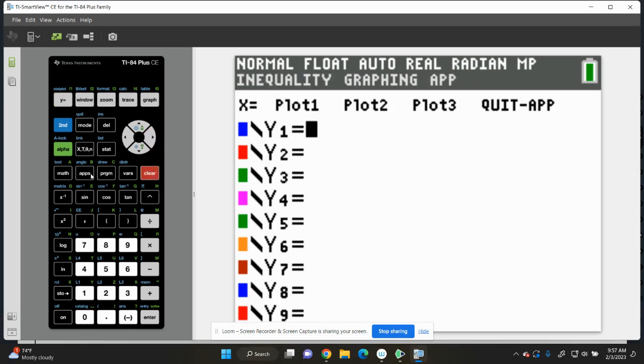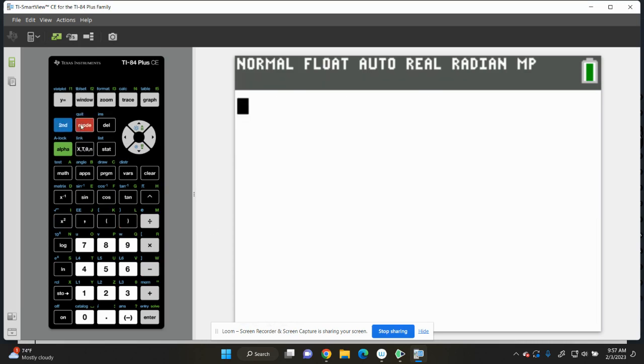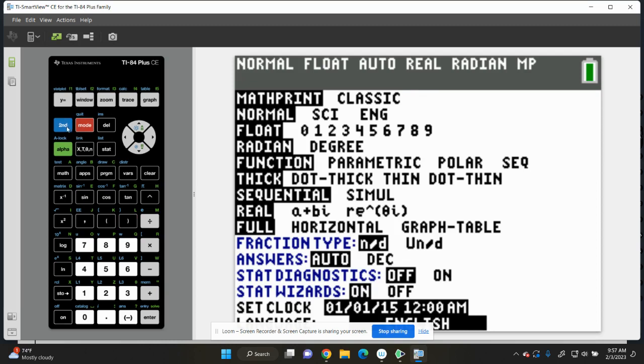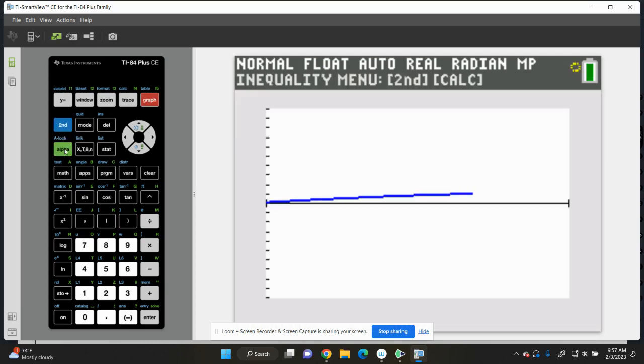Okay, let's do sine x parentheses squared minus cosine x. I like to put it in y1 because then it makes it easier, especially when I have multiple values to look at, to consider. Okay, I'm going to keep mine in radians. So we do, oops, let's try that again.